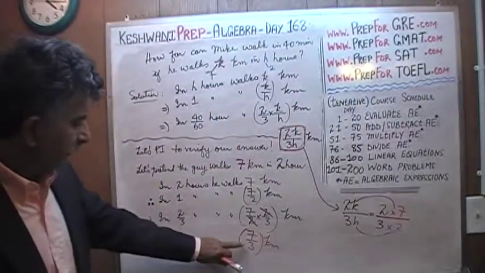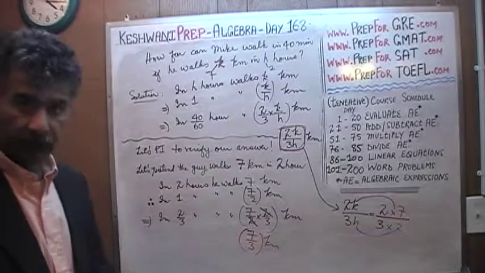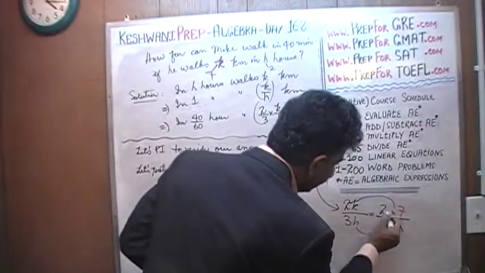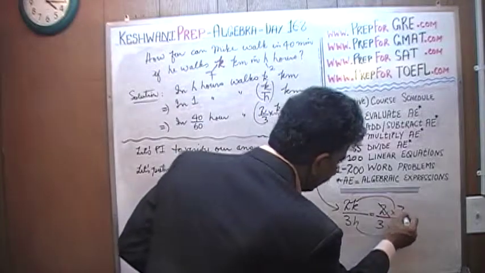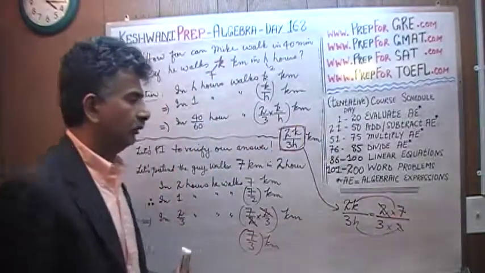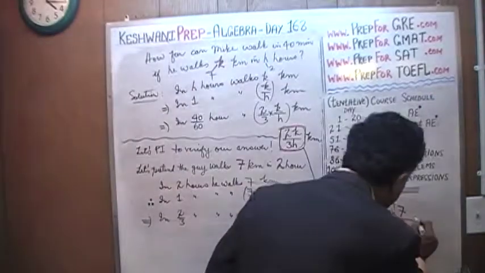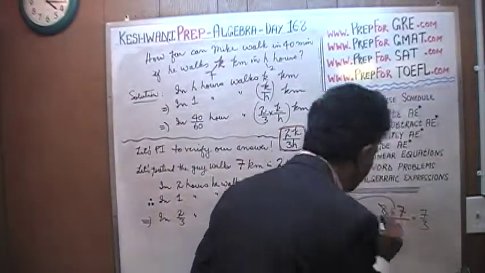Does that give us 7 over 3? Yes, it does. It does give us 7 over 3 because this 2 will cancel out with that 2 and we'll end up with 7 over 3. Voila. 7 over 3 is the same answer, because the 2's cancel out.